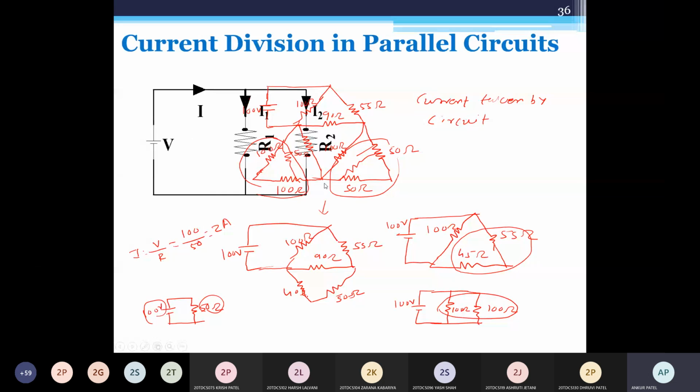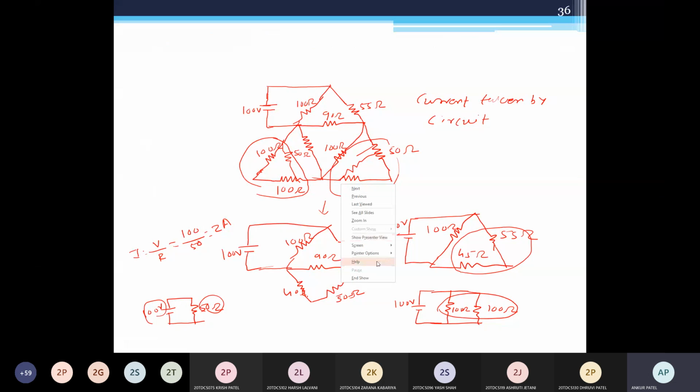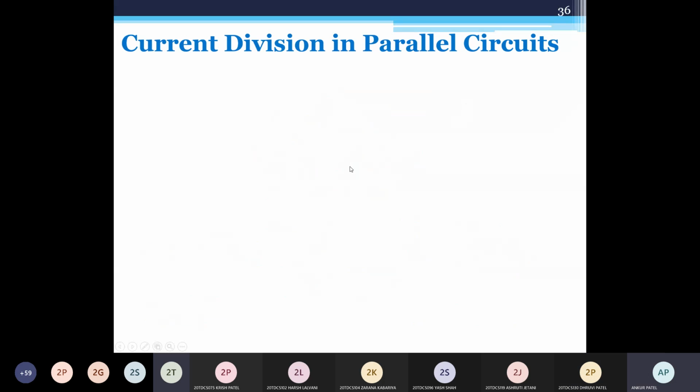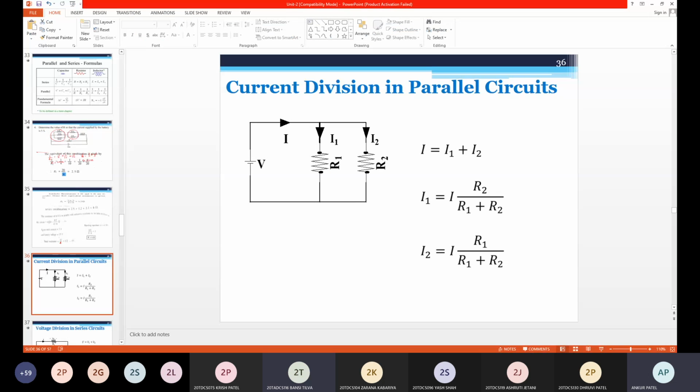Up to this, anyone having doubt? No, sir. Sir, in the exam we must draw all diagrams?